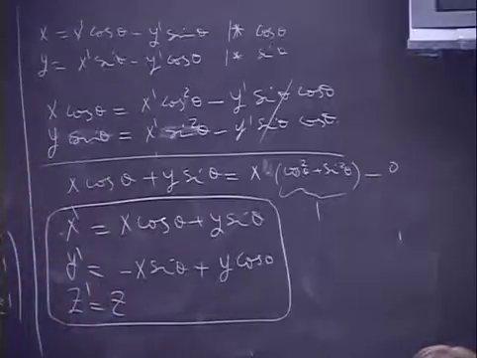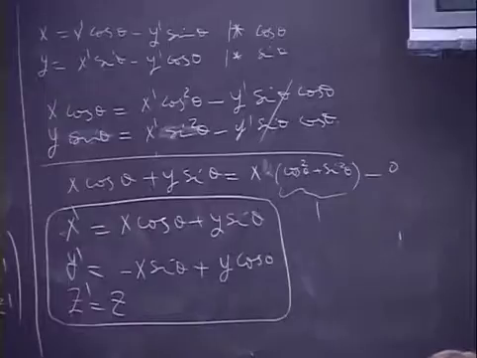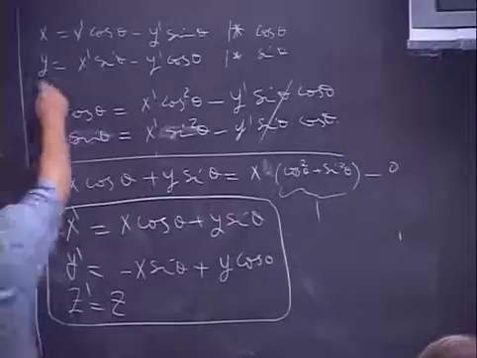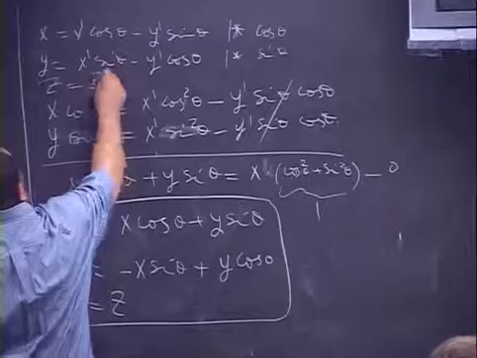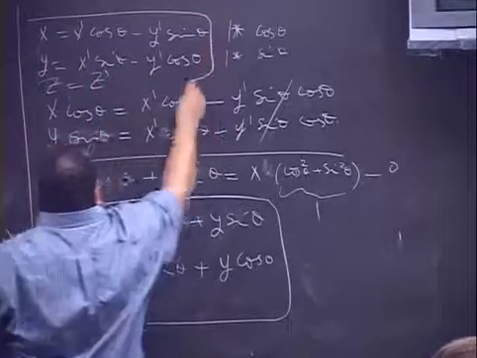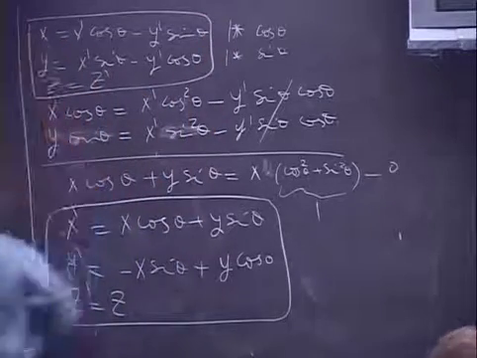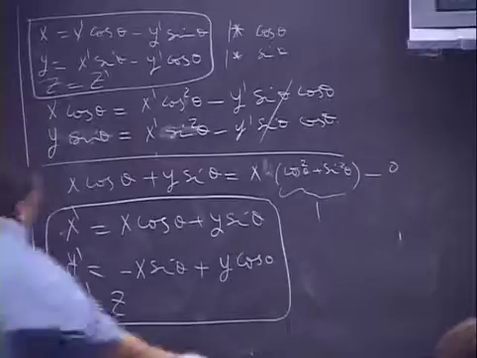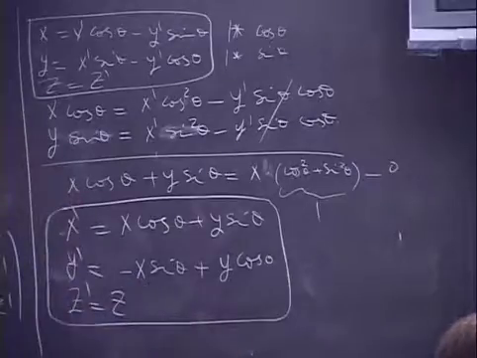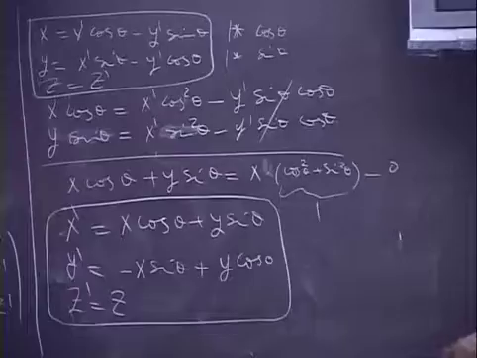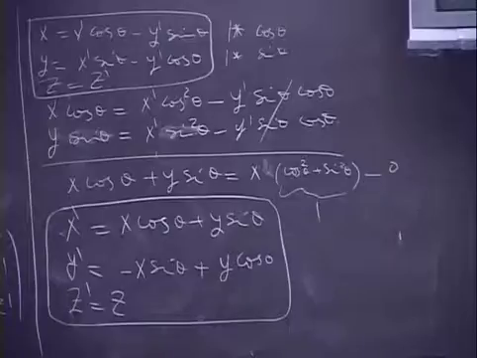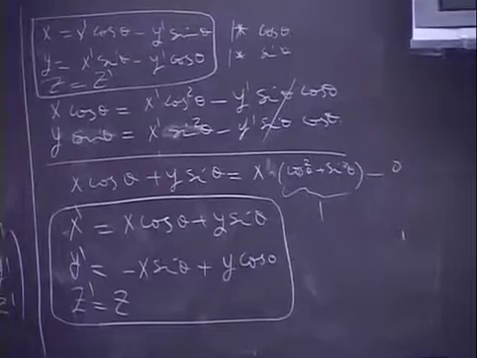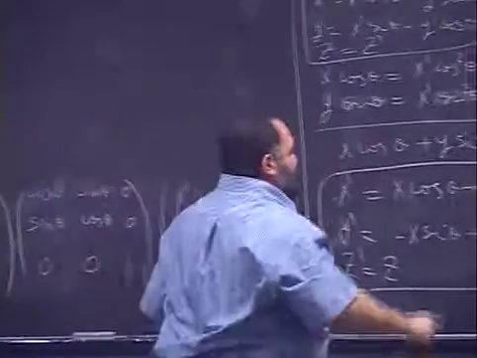So the three equations for the transformation between coordinates x, y, z and x prime, y prime, z prime are here. So I will leave this matrix here, and so what's the new matrix here, guys?